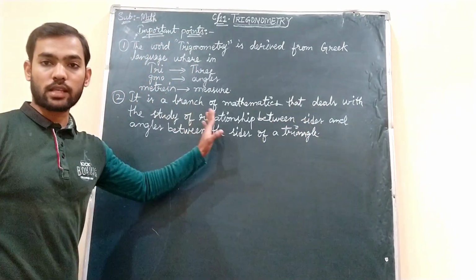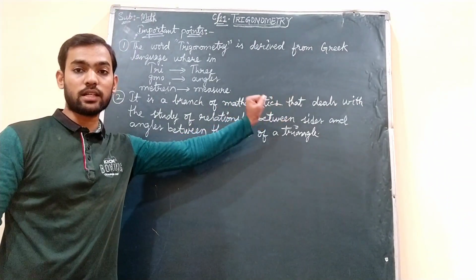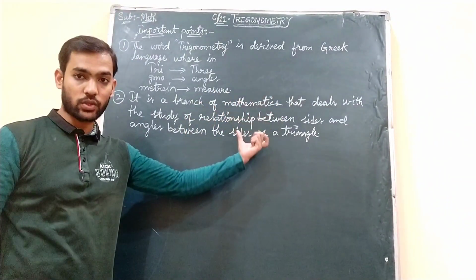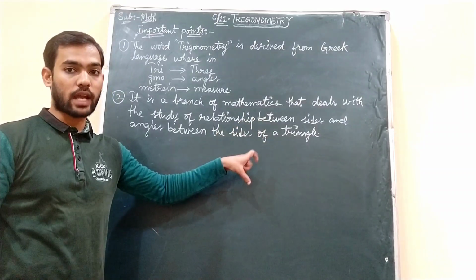Students, it is a branch of mathematics that studies the relationship between the sides of the triangle and the angles between the sides of the triangle.